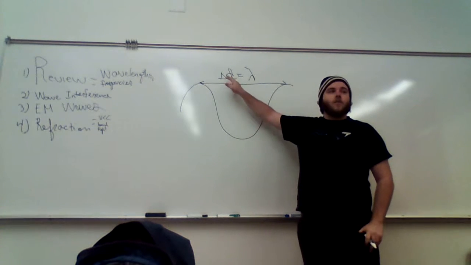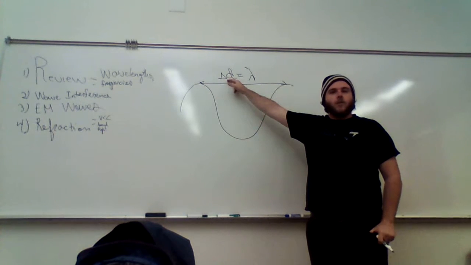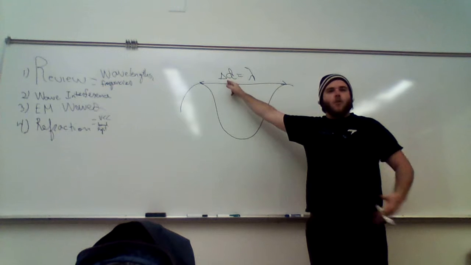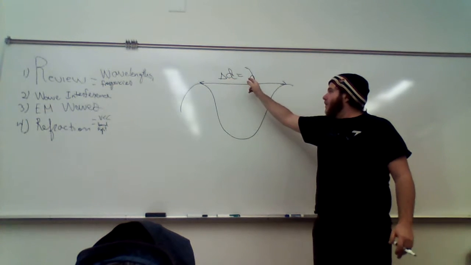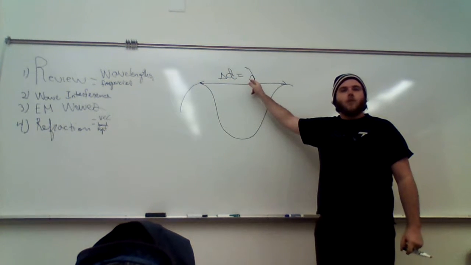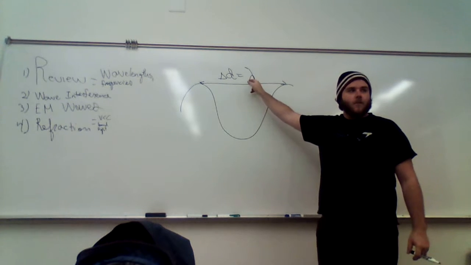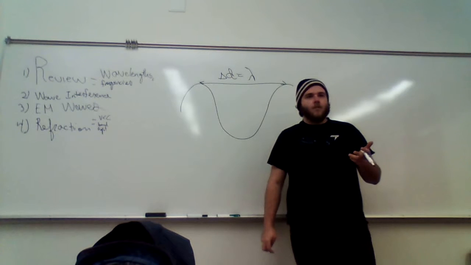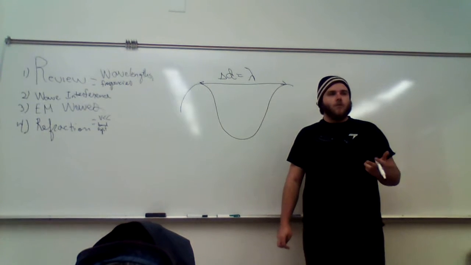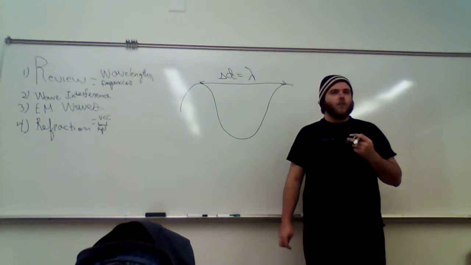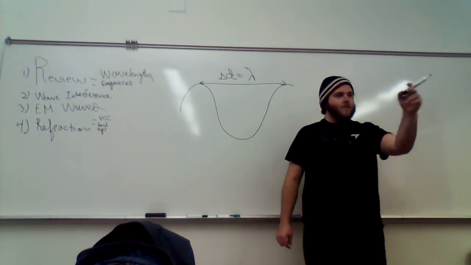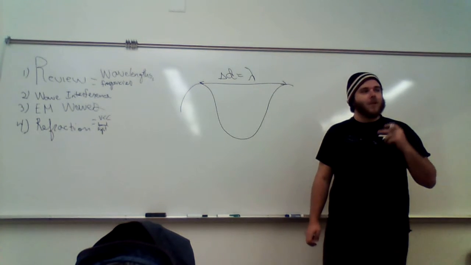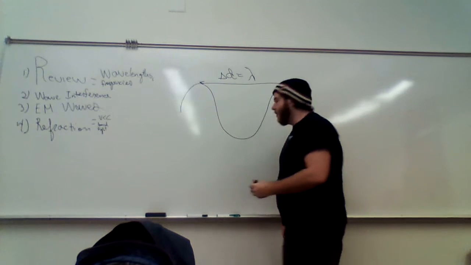So the distance, the delta D, between two crests or two troughs we define as the wavelength, and we typically use the symbol lambda for that. Now, the time it takes to do one full cycle, does anybody remember what that's called? Frequency? Period. Yes, those are both very interrelated. The time it takes is called the period.